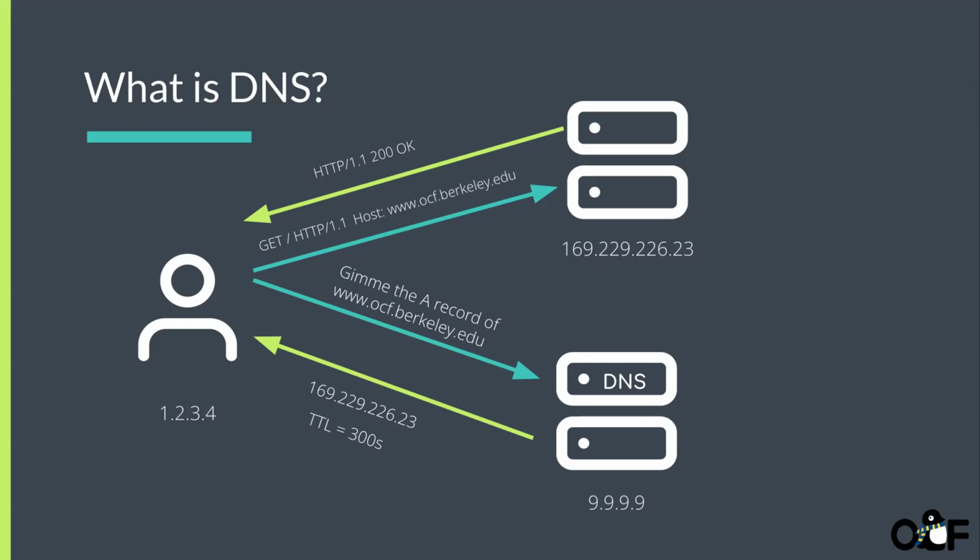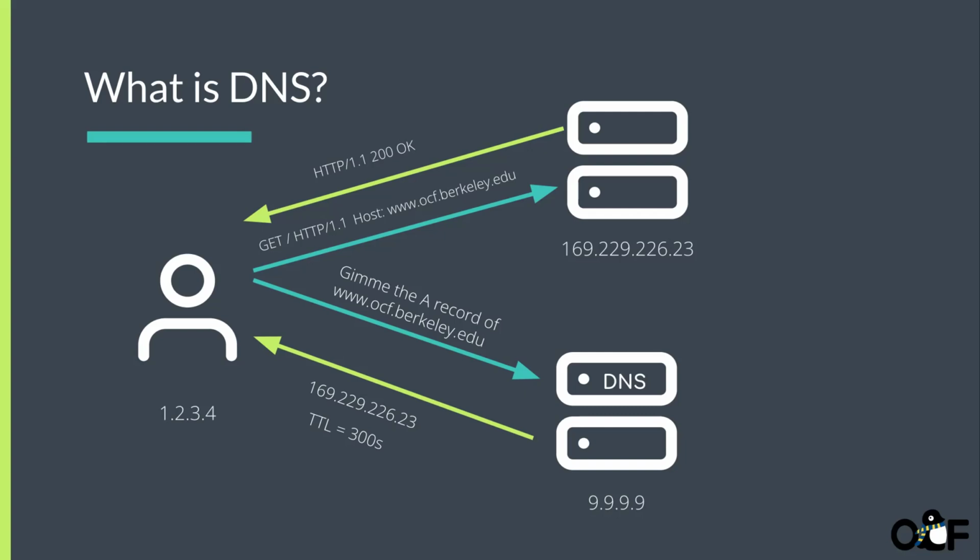And in order to map these names to IP addresses, we have another abstraction called the domain name system. Each one of these is called a domain name, and there's a couple things you can use DNS for, but the primary one is to identify each domain name with a server to send requests to.